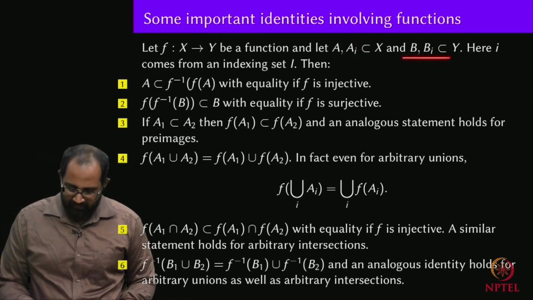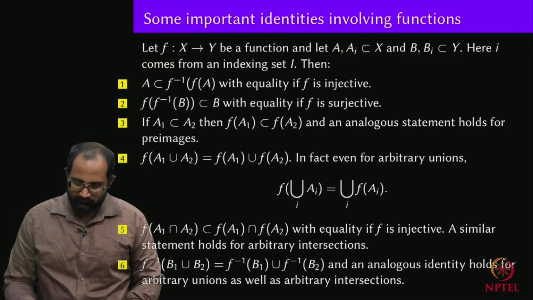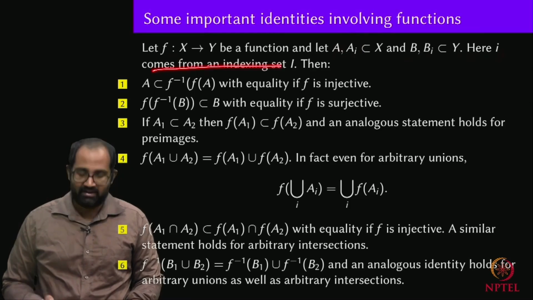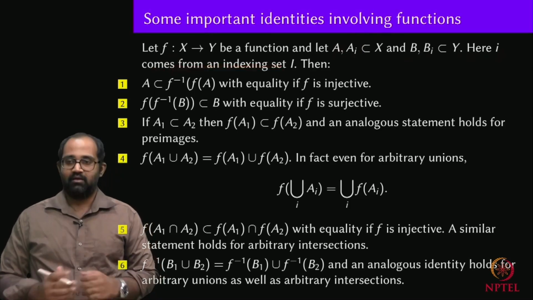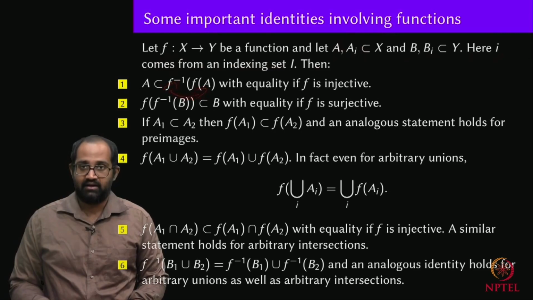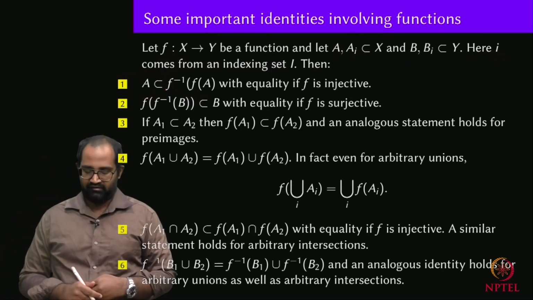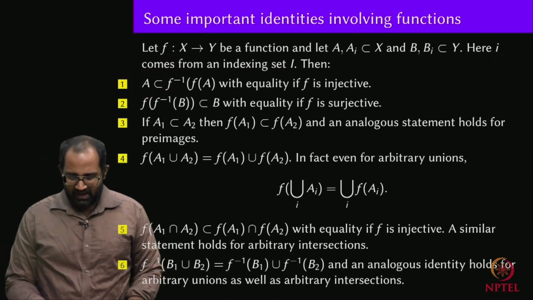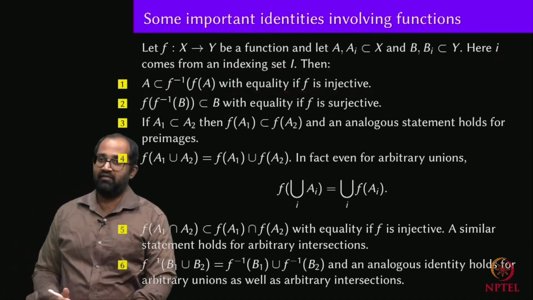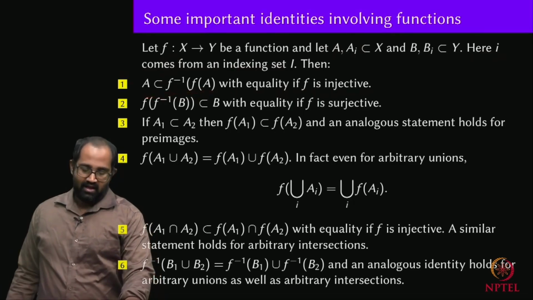Let B and B_i be the corresponding ones in Y. Again, i comes from an indexing set capital I. The first thing says, if you push forward A, then pull it back again, then you might get a set that is larger than A. So, A is a subset of f inverse f of A, and equality occurs if f is injective. If f happens to be injective, A is equal to f inverse f of A.